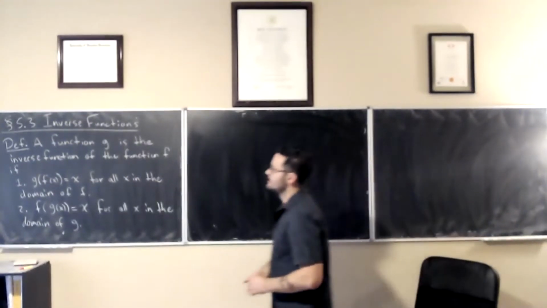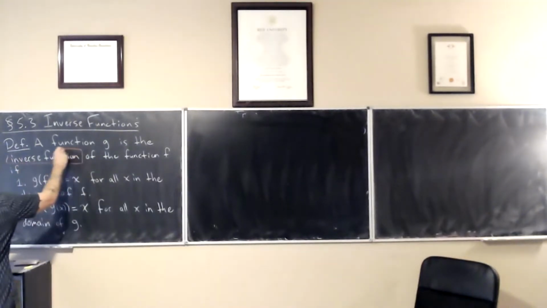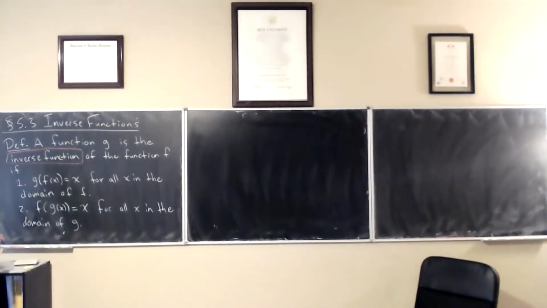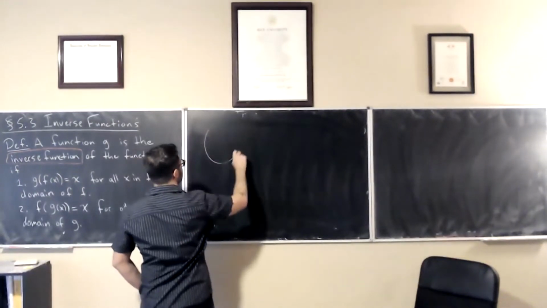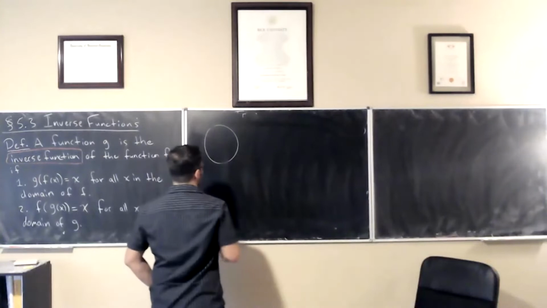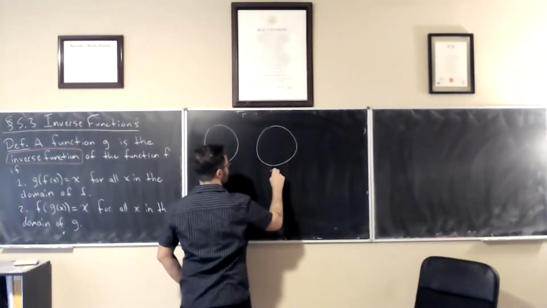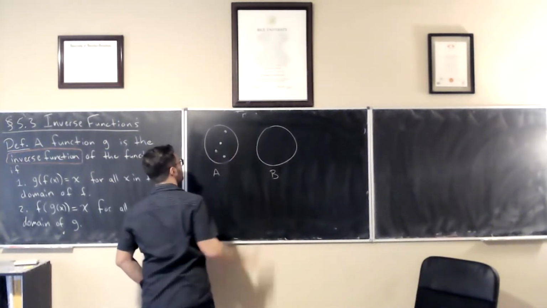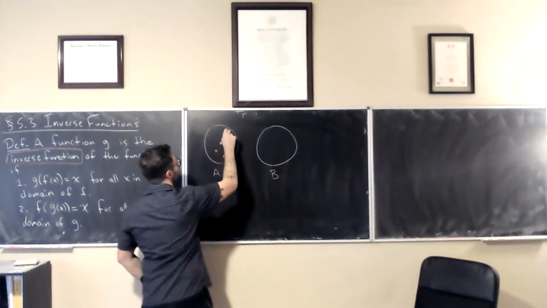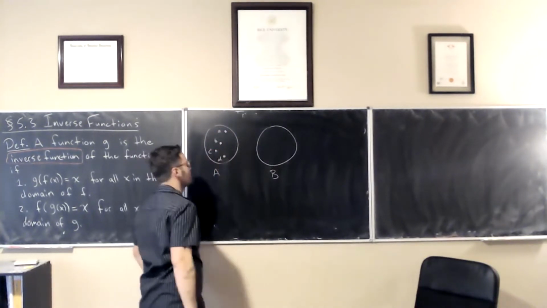So here is the formal definition of an inverse function. And it's a relatively simple concept. So just imagine we have some set A, and then some set B, and there's elements in here like that. Maybe I'll call this little a, b, c, d.